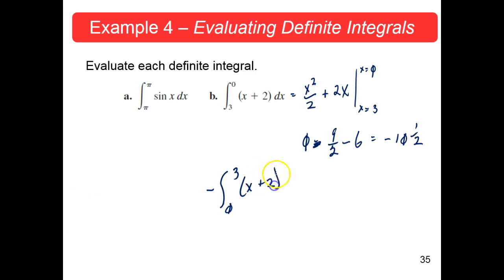X plus 2, and you get the same answers, x squared over 2 plus 2x, this time from 0 to 3, but you see you have a minus in front of it now because of the minus in front of the integral, and that gives you the same negative 10.5 minus 0. Okay, so that's what they get. They do minus 21 halves.